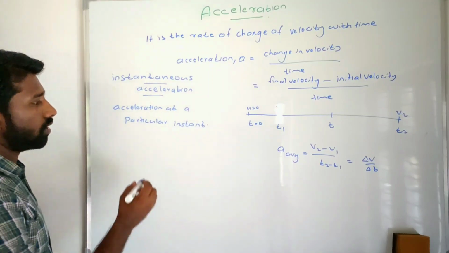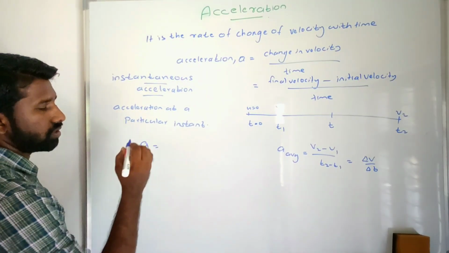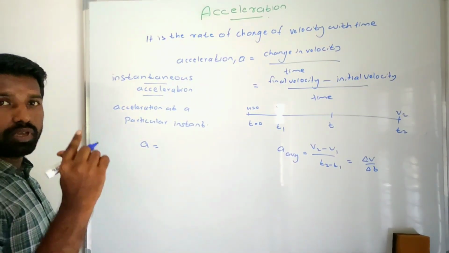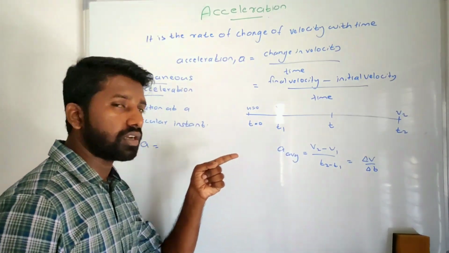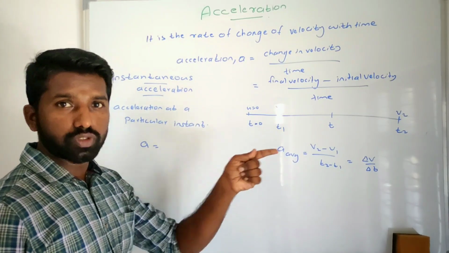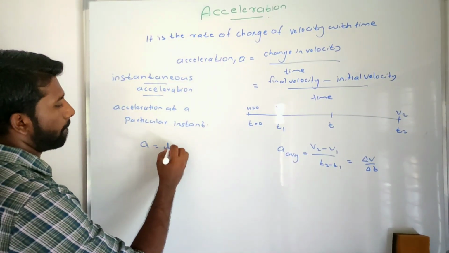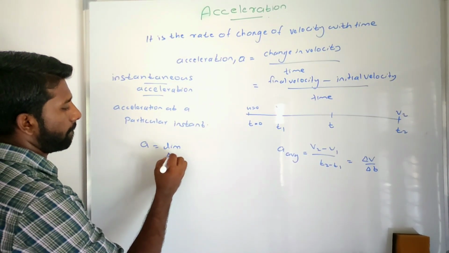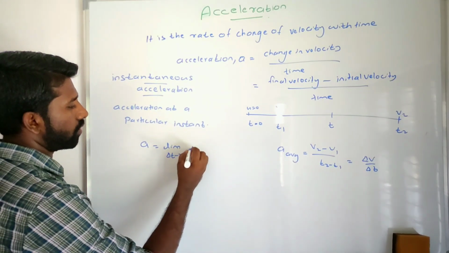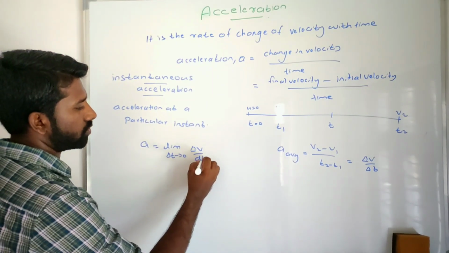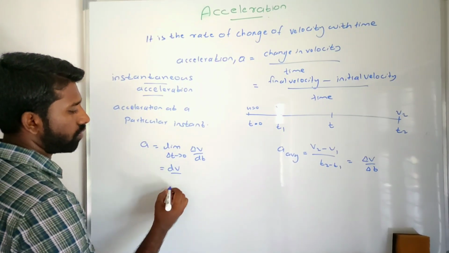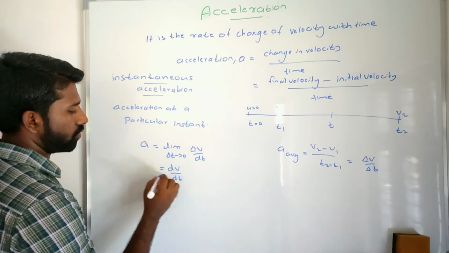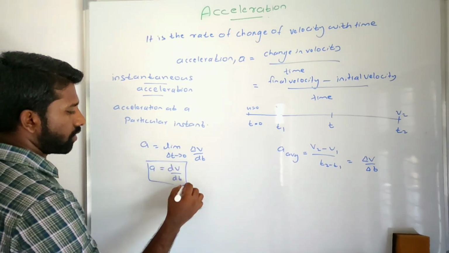So instantaneous acceleration is the limiting value of average acceleration when delta t approaches 0. Limit delta t tends to 0 of delta v divided by delta t. This we can write as the derivative of velocity with respect to time, that is the acceleration.